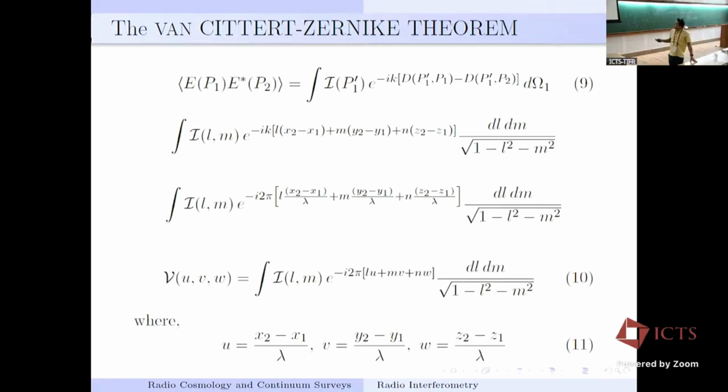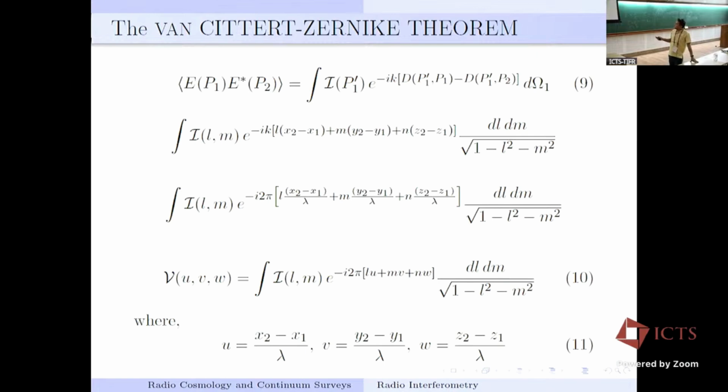Now, what is K? K is equal to 2 pi by lambda, correct? So if I write e to the power ik as 2 pi by lambda, and push the lambda in, it is l into (x2 minus x1) by lambda, (y2 minus y1) by lambda, and (z2 minus z1) by lambda.